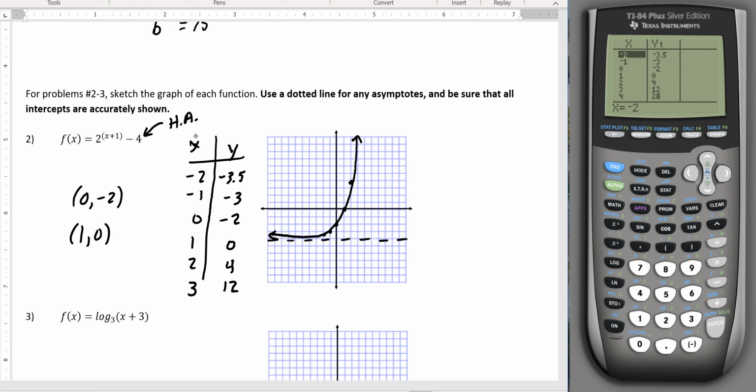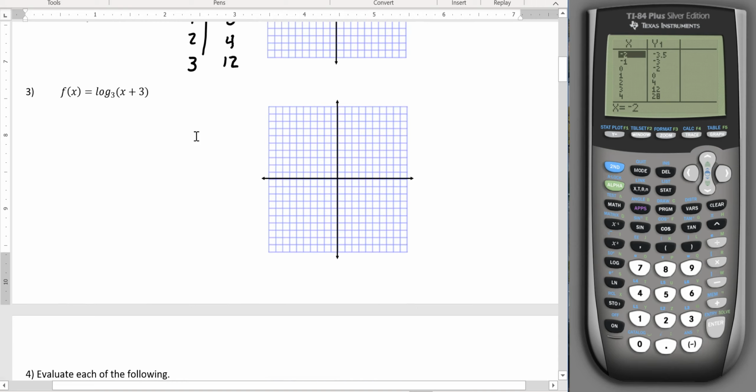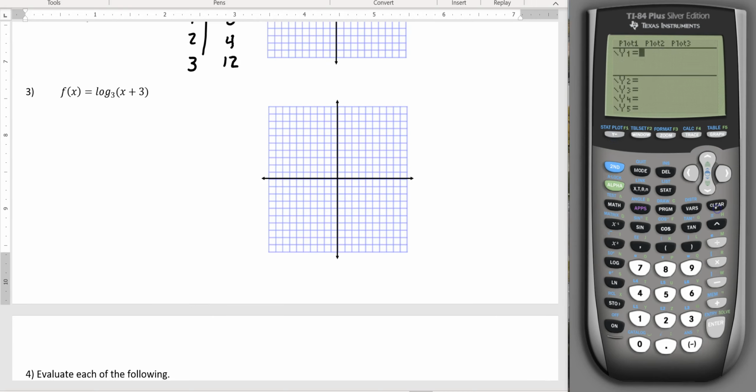Now a logarithmic function. So for this one, we need to change a couple things up. Remember, for this one, it has a vertical asymptote. To find that, we can say x plus 3 has to be greater than 0, so x has to be greater than -3. So that means that vertical asymptote is going to be at -3. There's that vertical asymptote graphed right there.